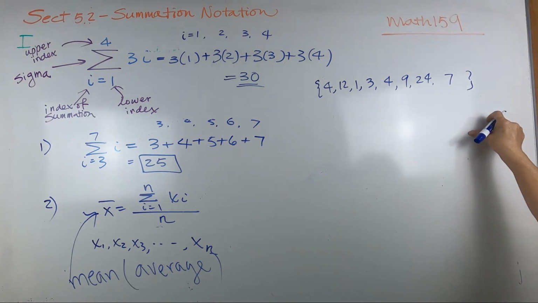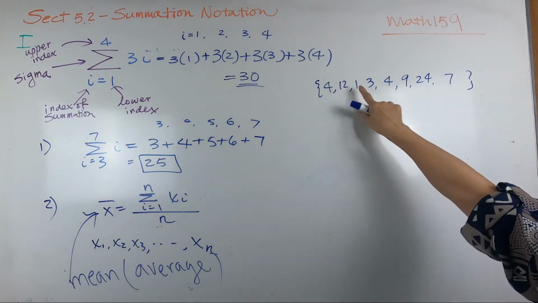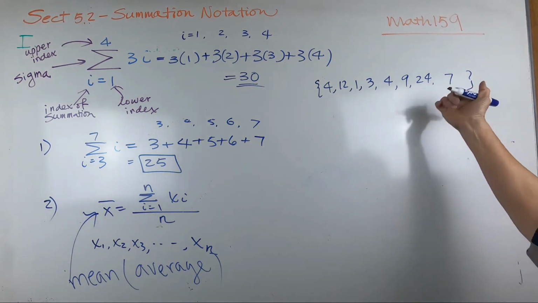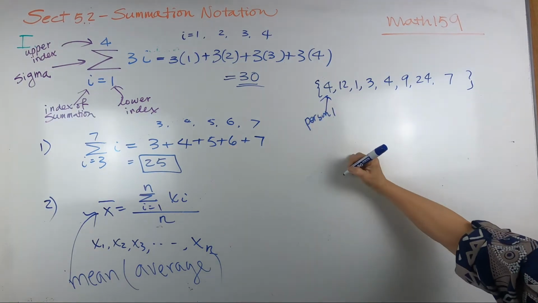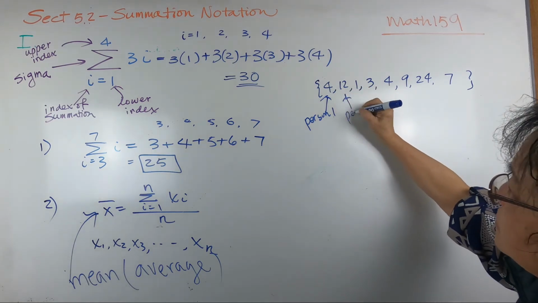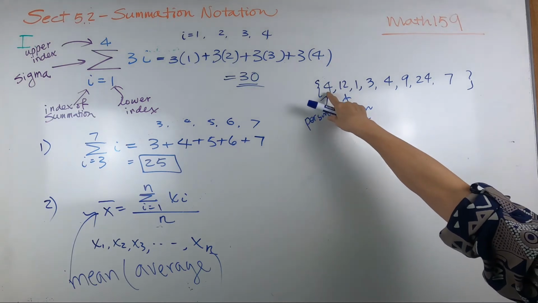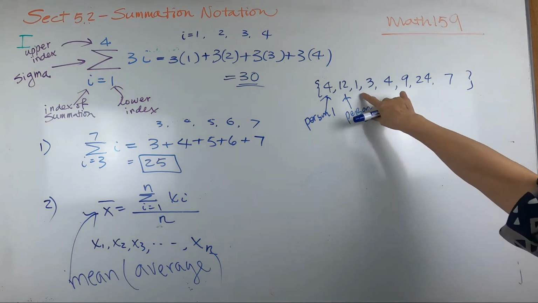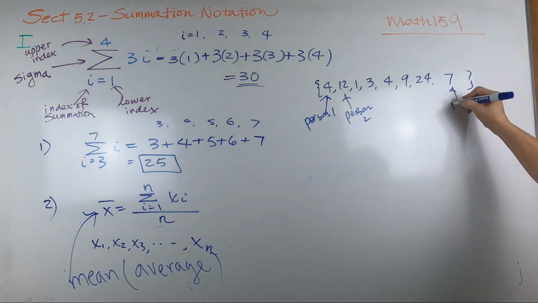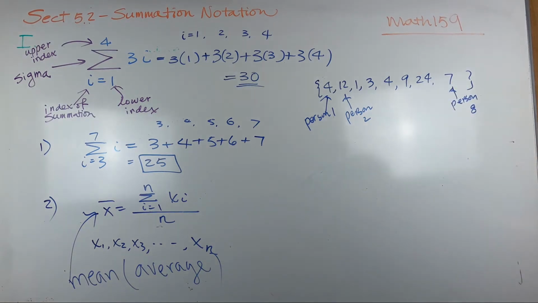You got the data for asking each person: 1, 2, 3, 4, 5, 6, 7, 8. This is for person 1, this is for person 2. Person 1 has 4 partners, person 2 has 12 partners, person 3 only has 1. Then this one is for person 8, who has 7 partners.